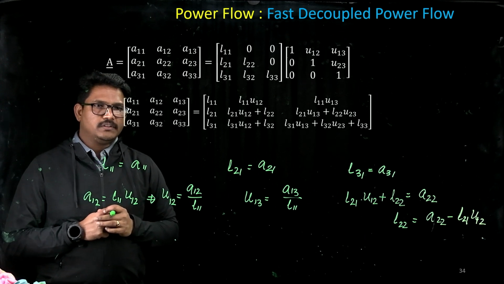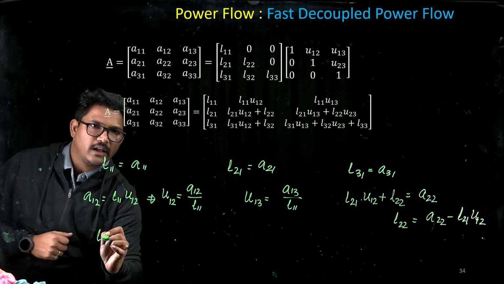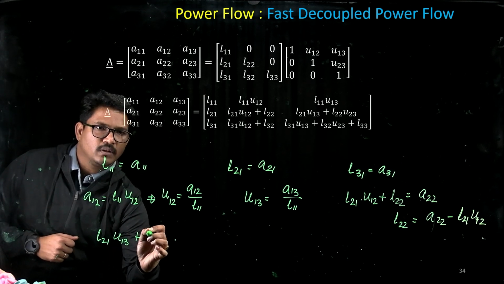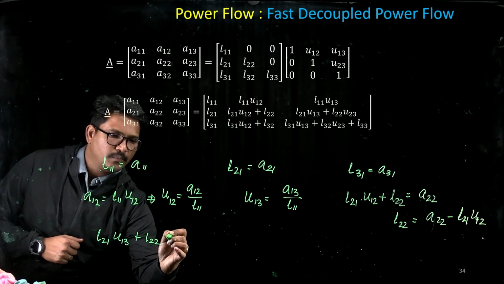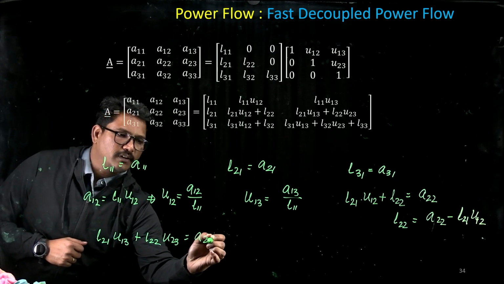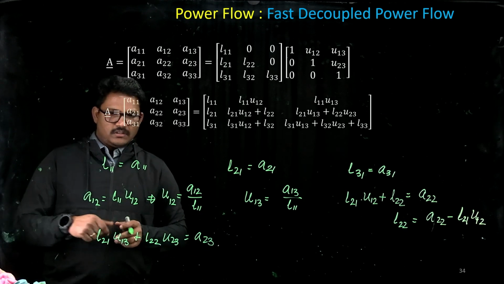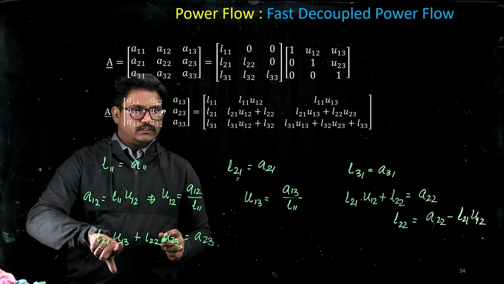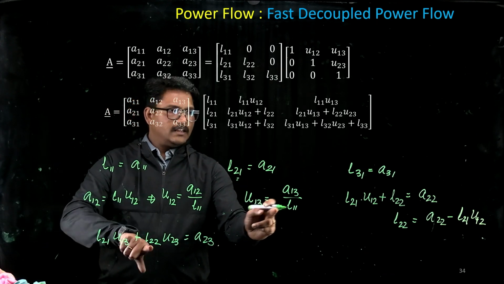Now once you have your L22 value, then you can go for the element in this particular position and try to get your value of U23. Because you can see that L21 U13 plus L22 U23 is equal to A23 for us. Now in this particular equation, L21 is already available for us and U13 is already available for us.